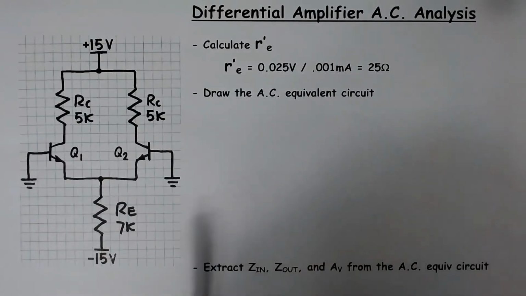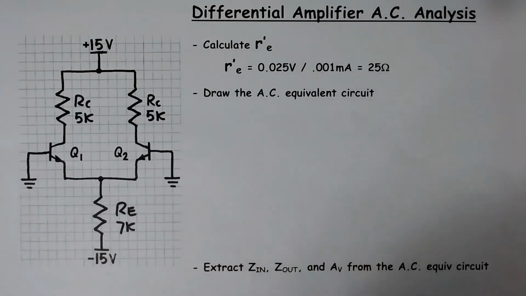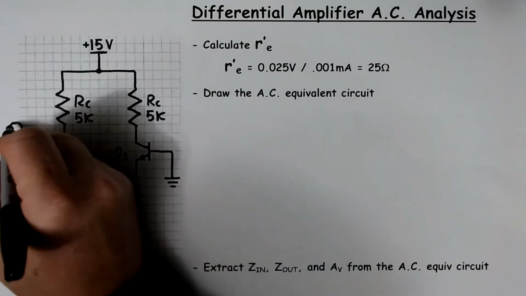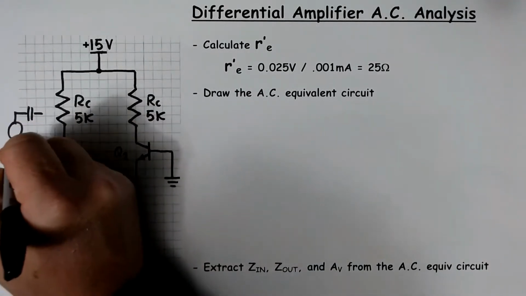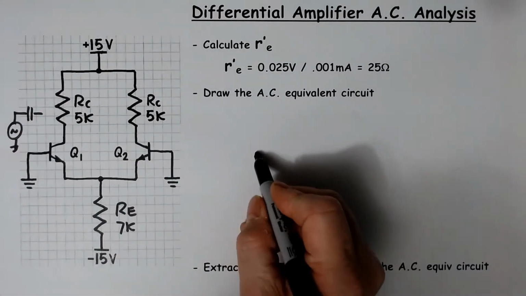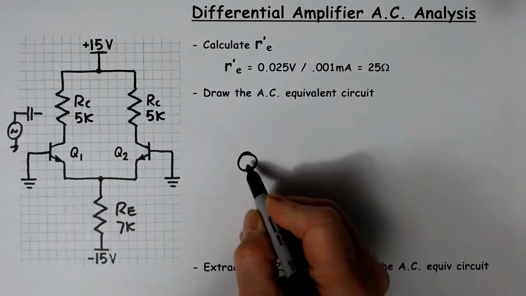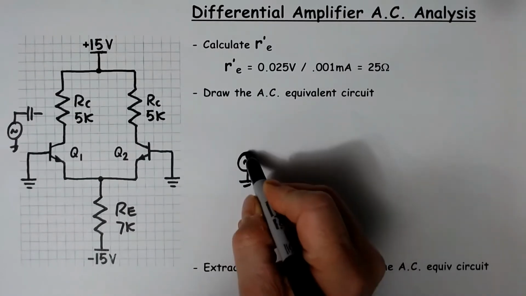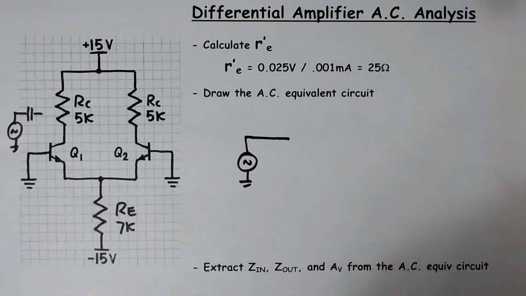So the first thing that you see is that both of these transistors, right now they're connected to ground, but in use, they would actually be connected to some kind of an input signal. So let's draw that. That input signal is an AC signal, so it will appear in the AC equivalent circuit like so.